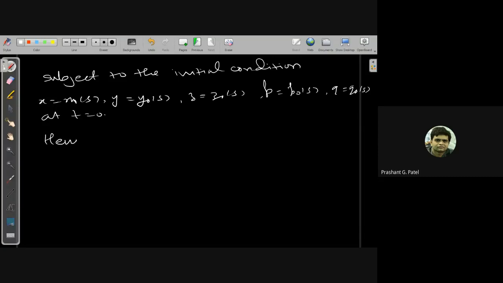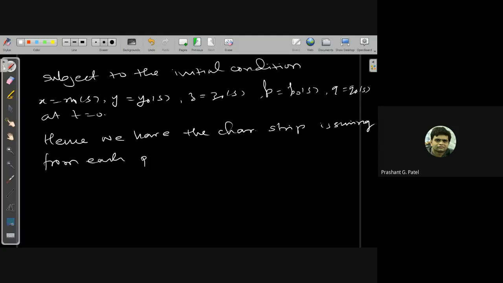Hence, we have the characteristic strip issuing from each point of the initial data curve.